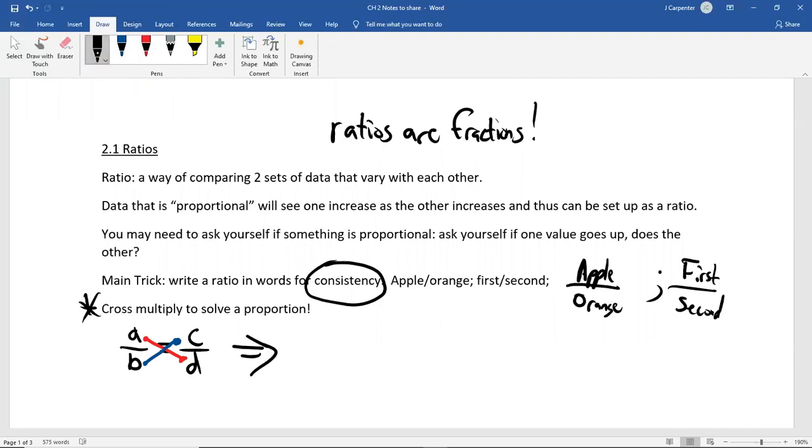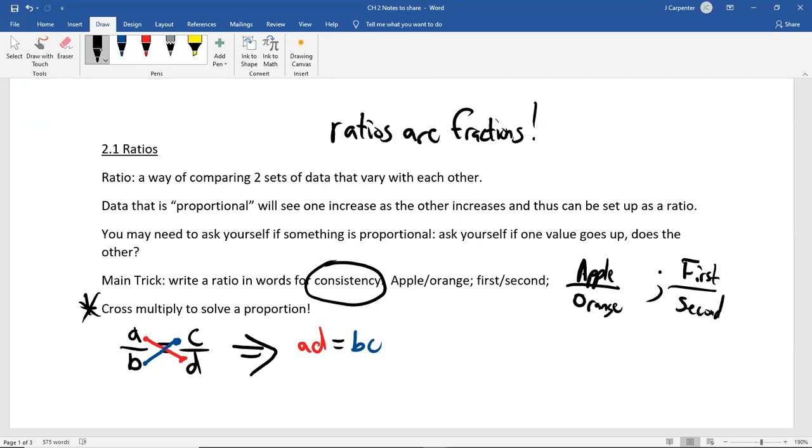This is just me saying I'm changing the equation to this thing. I've done some math. A times D, that was multiplying the top left and the bottom right, set it equal to B times C. That's how you solve a proportion. You cross multiply, top left times bottom right, set it equal to bottom left times top right. If you swap the A and the D, nobody cares. If you swap the B and the C, nobody cares.